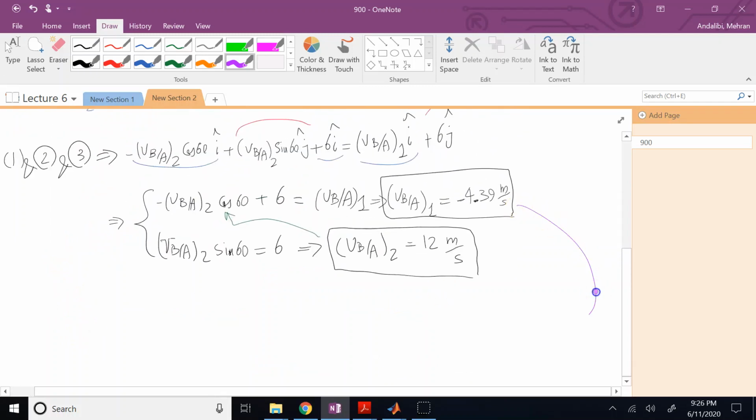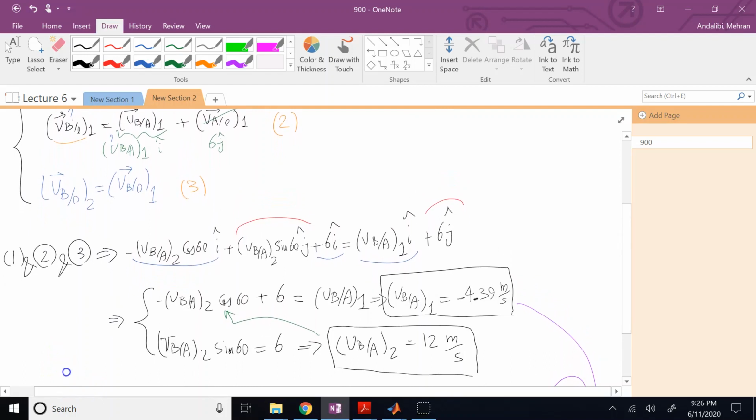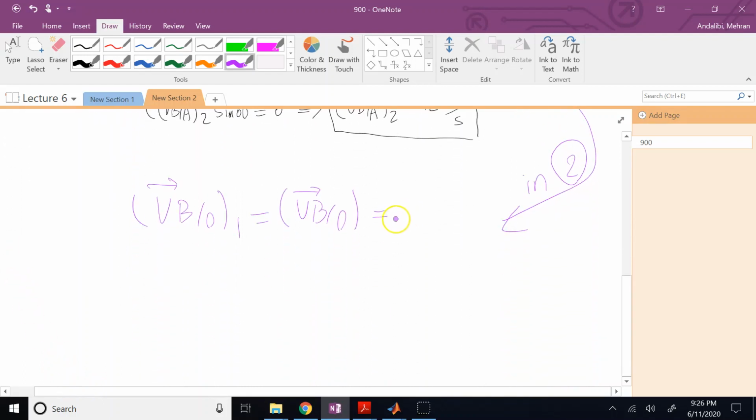So here I plug this back into equation 2, and that gives me V of B with respect to O, which is 1, and that is the same as 2. It is going to be equal to negative 4.39 I plus 6 J meters per second.